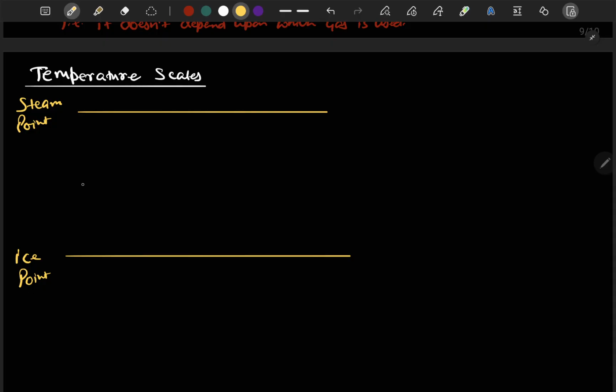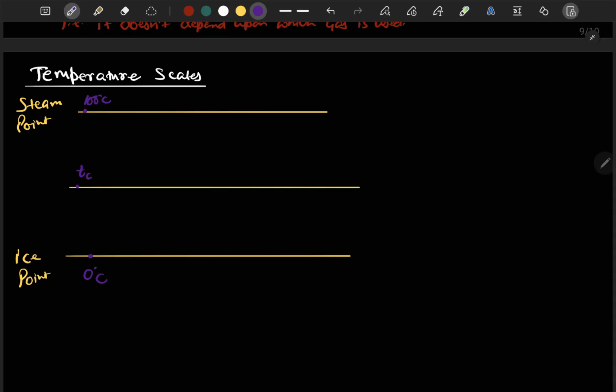Let's say there is some intermediate line, at some particular temperature. In the Celsius scale, 0 degree Celsius is referred to as the ice point, and 100 degree Celsius is the steam point, and let's say some Tc is the intermediate temperature.